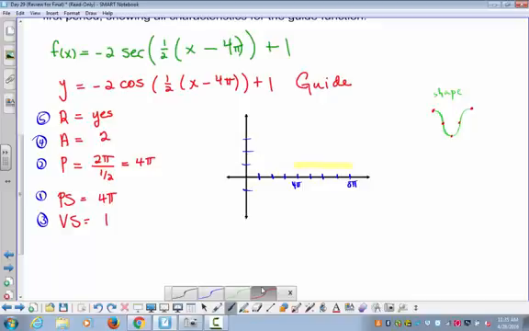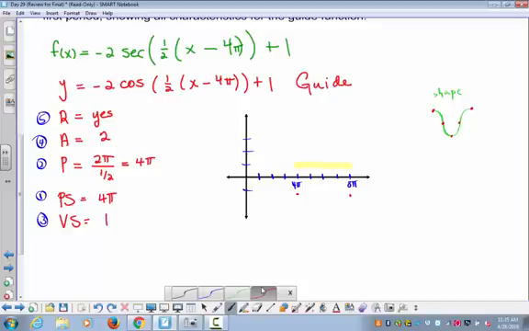So now we take our shape, we take our reflection, and graph it. Normally, if we had a cosine that wasn't reflected, these 2 points would be up. But because of the reflection, those 2 points are down. So we put those 2 points on the graph.